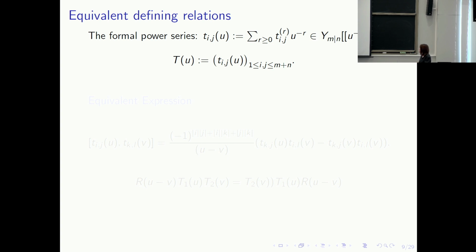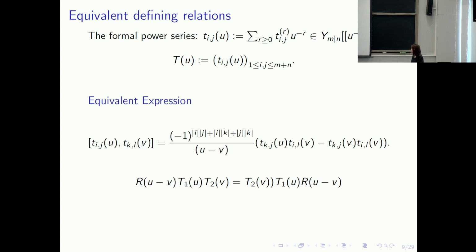We can give this formal power series t_ij(u) with coefficients the generators t_ij^(r), and the matrix T(u). Then the above relations in our definitions can be rewritten as the following equivalent expressions in formal power series and matrix form.